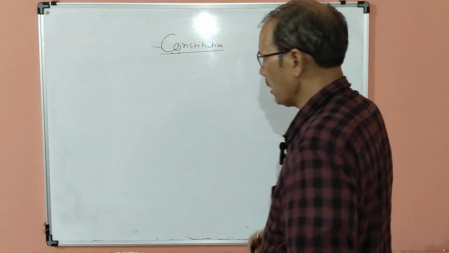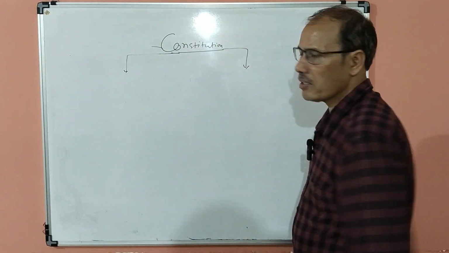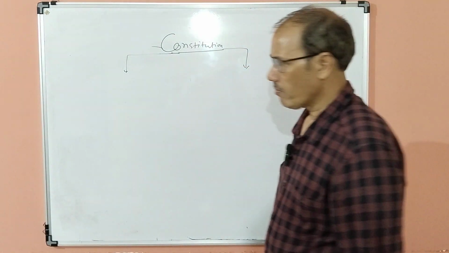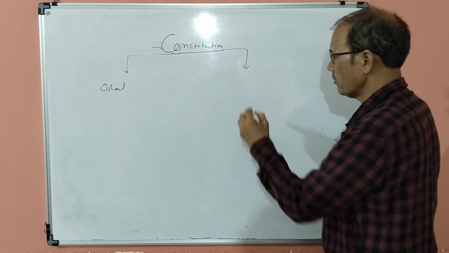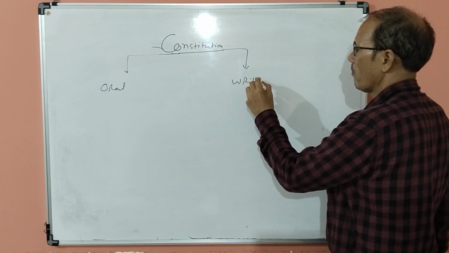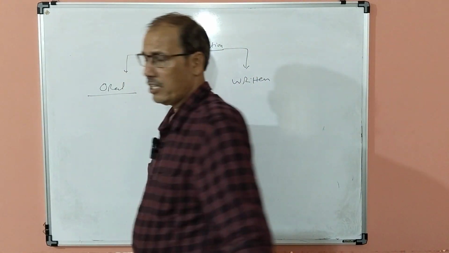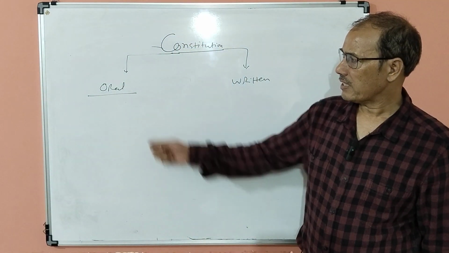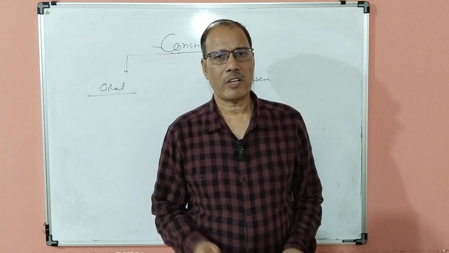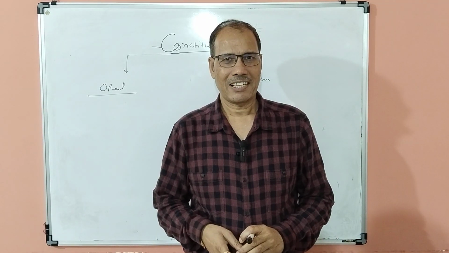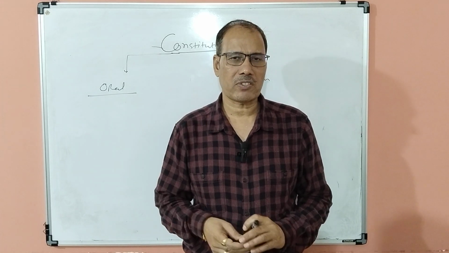Now, types of constitutions. We can say two types of constitutions are prevalent in the world: oral and written. Oral constitutions, initially the constitution begins with the oral concept. In our country, the Vedas and Manu Smriti were followed by the ancient kingdoms.